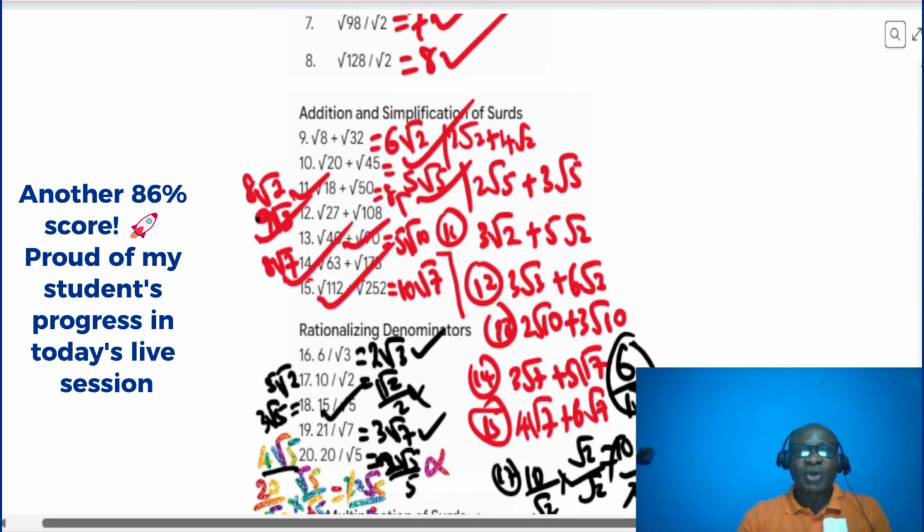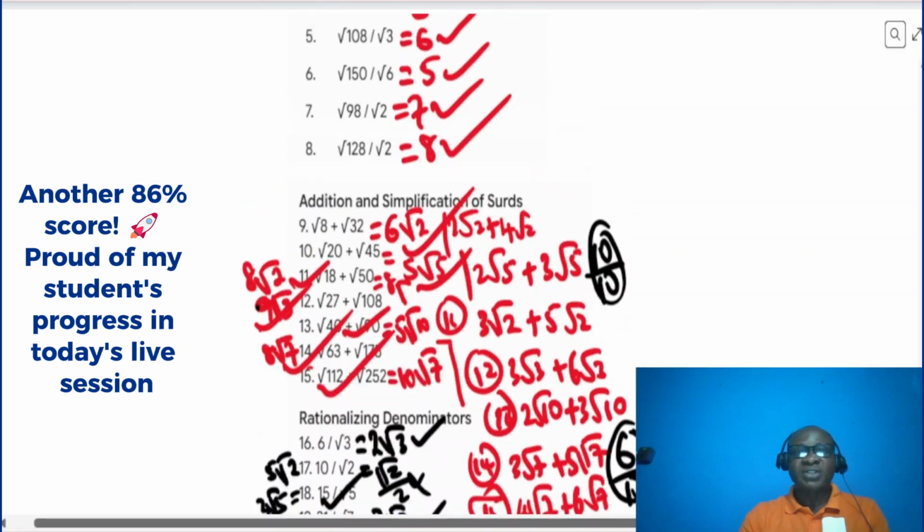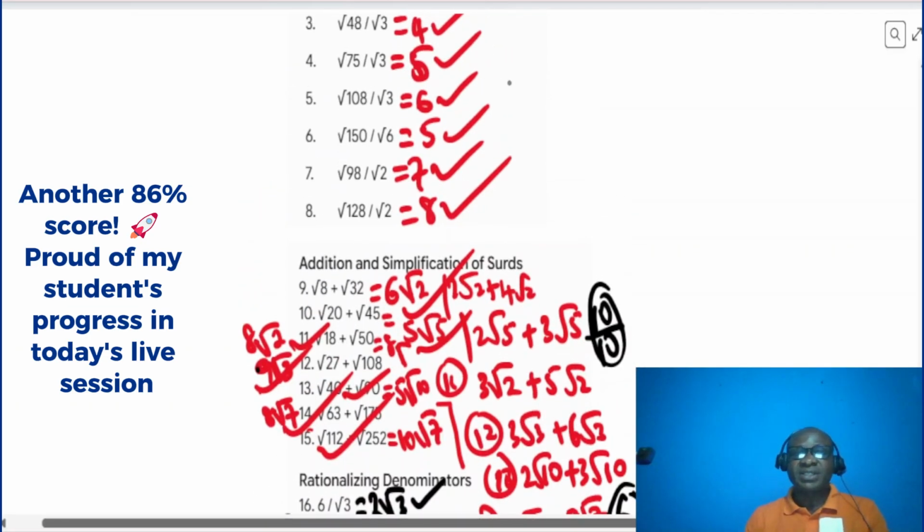Then we go to the addition part. Addition gave you 10 out of 10. Then in the simplification division part, you got 8 out of 8. Those ones are 1 mark. You understand what I mean? Yes.